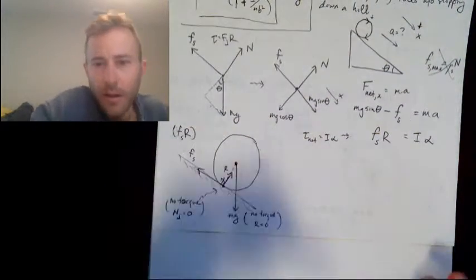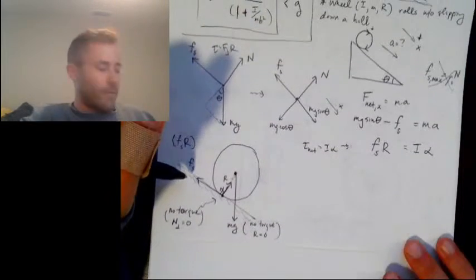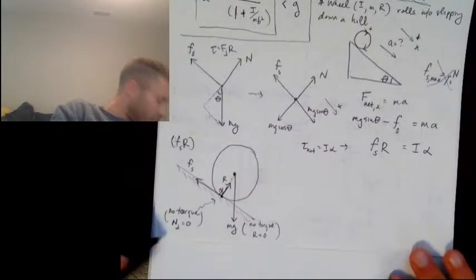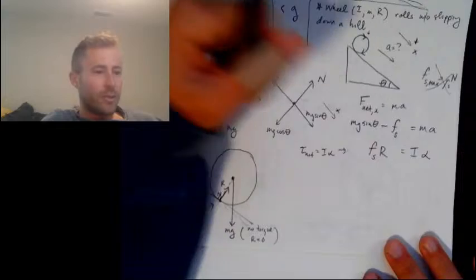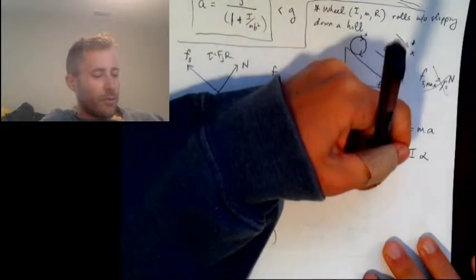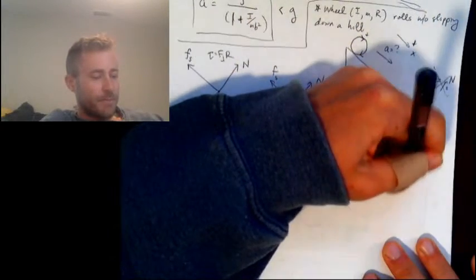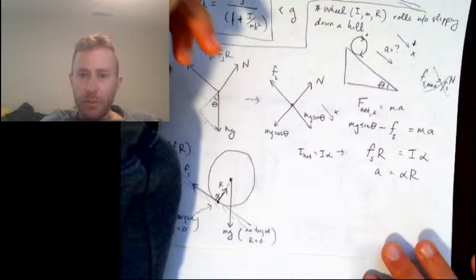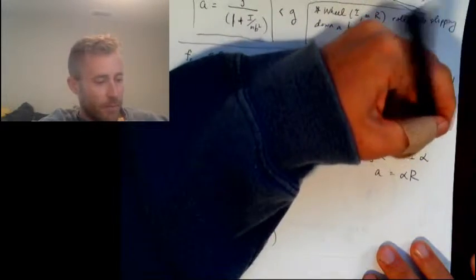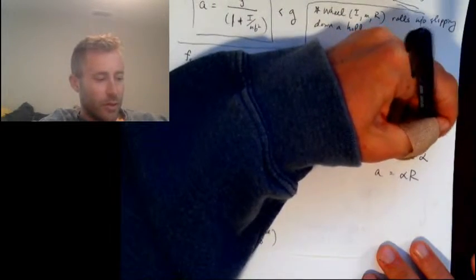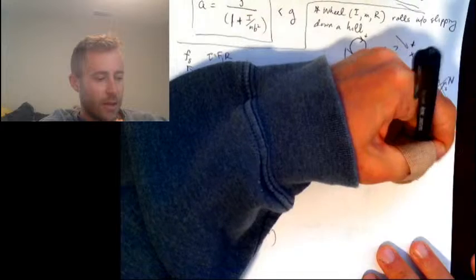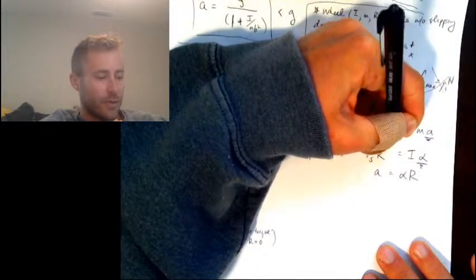And lastly, we have the equation for rolling without slipping. So we have 3 unknowns, once again, and 3 equations: linear acceleration, angular acceleration, and static friction.